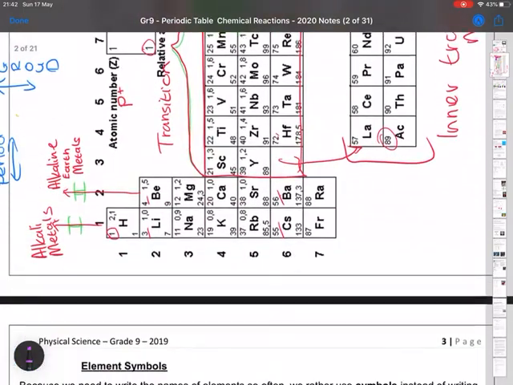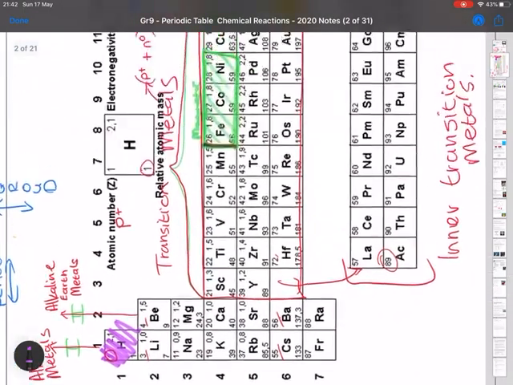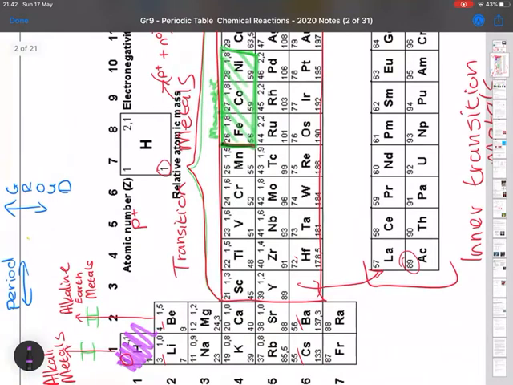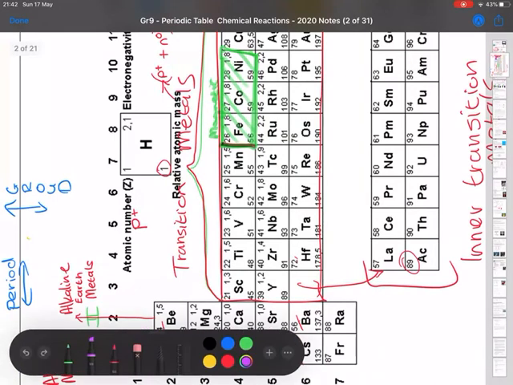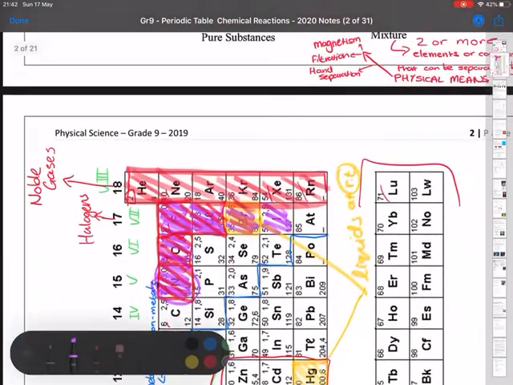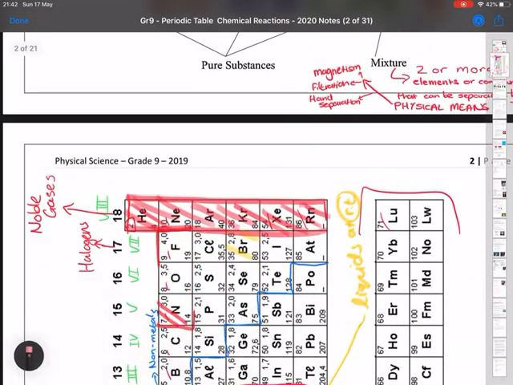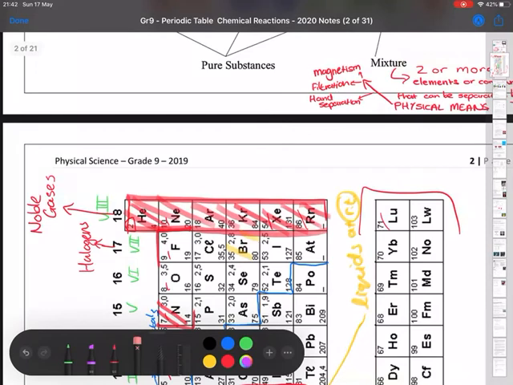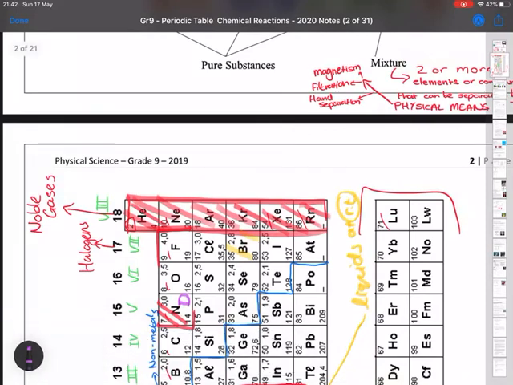If that gets a bit messy, it might be a better idea for you to just put a capital D in each of those. D for diatomic. So what that means is that you've got two elements and they're bonded together to form a molecule.